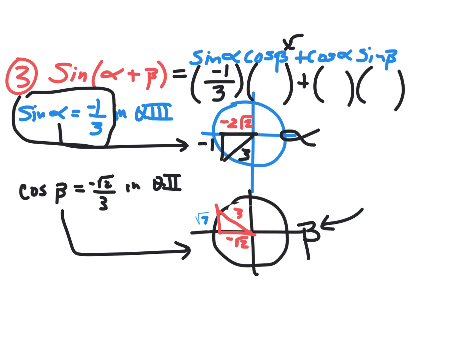Cosine of beta, cosine within this triangle, -√2 over 3. Cosine of the alpha one, that's this triangle. Cosine's adjacent over hypotenuse, -2√2 over 3. And last but not least, sine in the beta triangle, which is this triangle again. Sine is opposite over hypotenuse, √7 over 3.